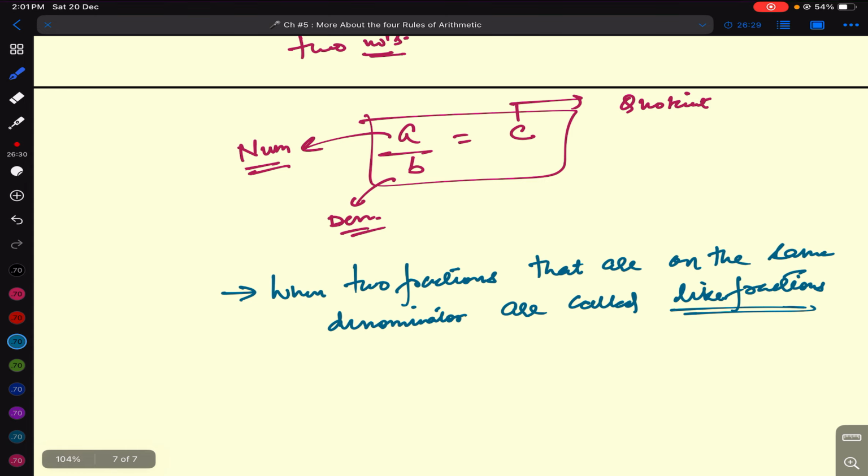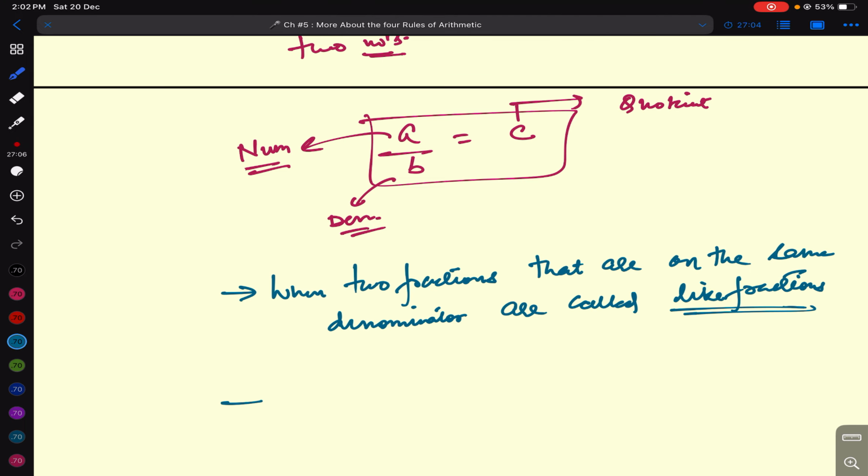That's what we also do while finding the common denominator, right? We turn the denominators of all the fractions to the same number. Why do we do that? Because we are indirectly turning them into like fractions, so that addition, subtraction, or any operation becomes easy to perform.